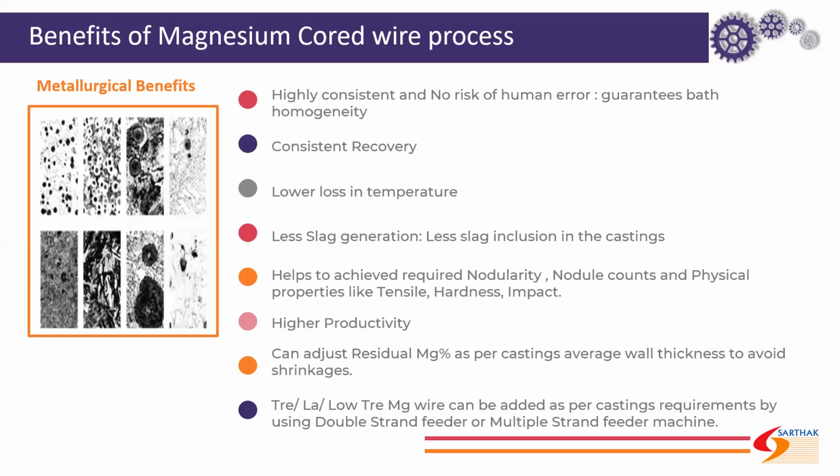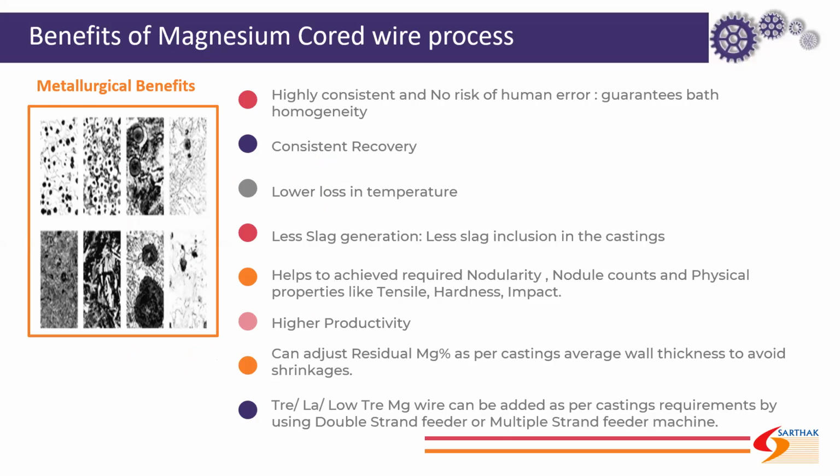Then metallurgical benefits, this is very important. Highly consistent and no risk of human error, guarantees homogeneity, consistent recovery, lower loss in temperature, less slag generation. Also helps to achieve required nodularity, nodule counts, and physical properties like tensile, hardness and impact.